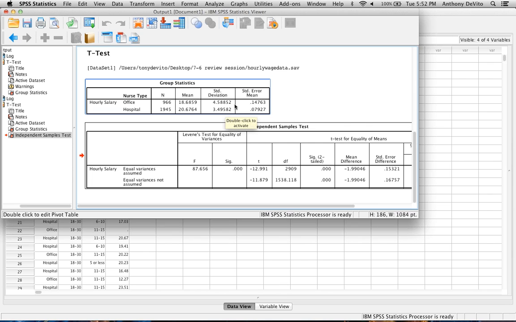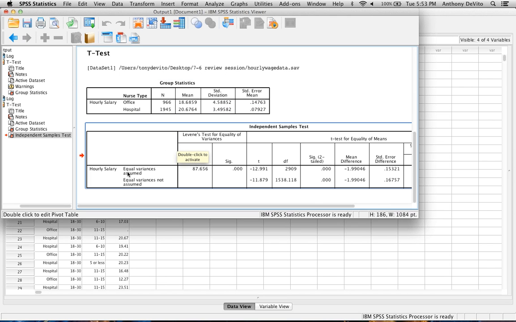One is almost double the other. This one, the standard deviation is more than 50% greater than for the hospital workers. So I'm thinking maybe these variances are not equal. Okay, but I'm not going to leave it up to my own judgment. I'm going to let SPSS figure that out for me.